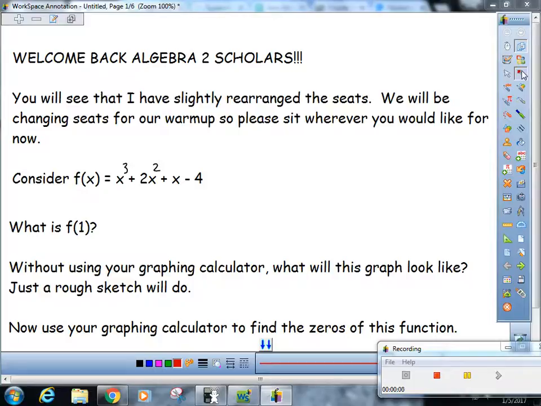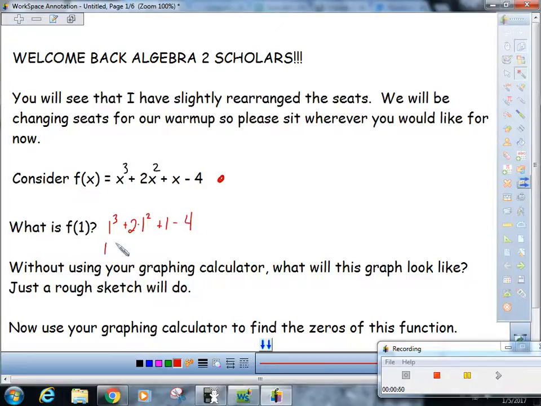Hey, we're just going through a warm-up, and then we're going to get into your worksheet, okay? We made up a random function and asked, what is f of 1? Well, to figure that out, we do 1 cubed plus 2 times 1 squared plus 1 minus 4.